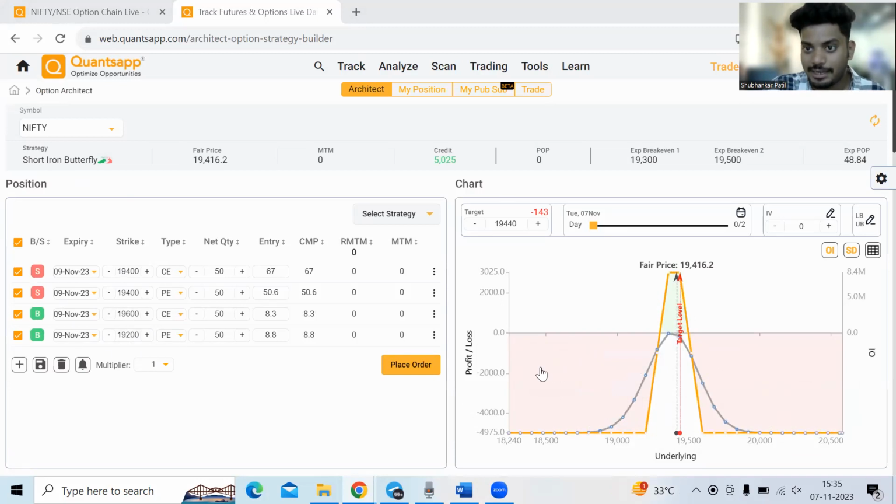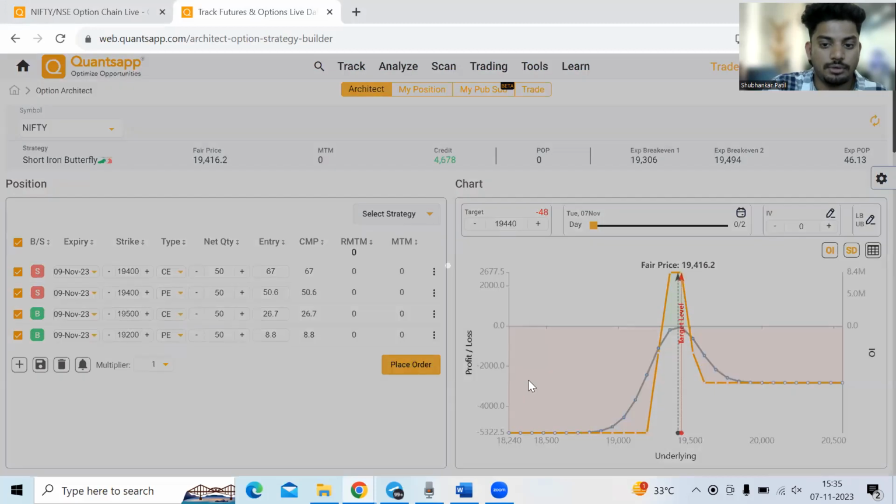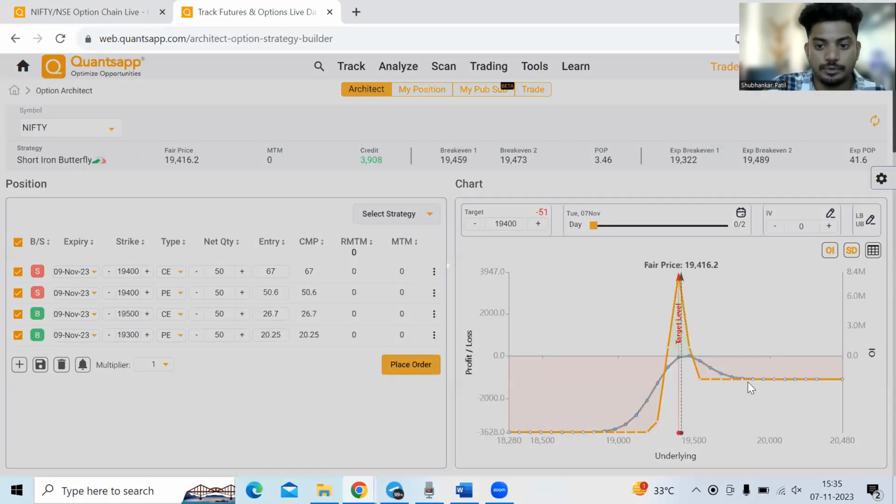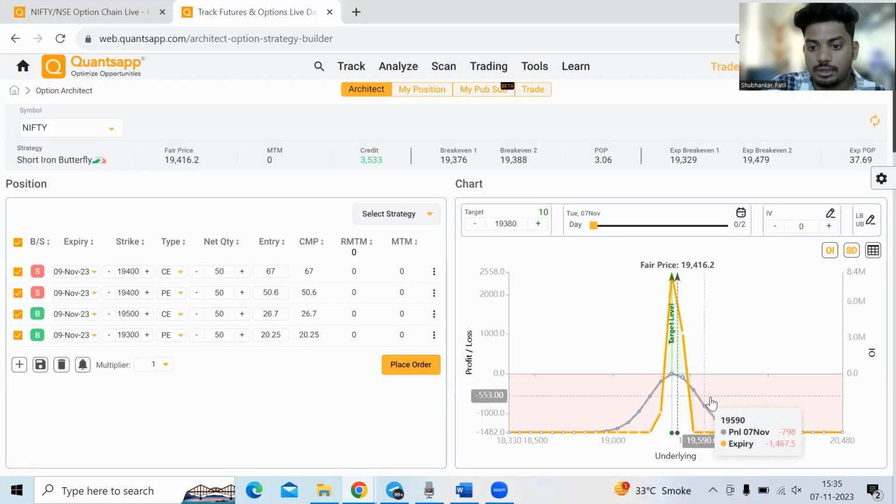Obviously, the bought legs I can adjust, I can bring them closer in order to maintain the reward to risk. So let's try to do it. Let's say I do this 100 points away, and this too I do 100 points away. Now if you see the loss that you are making, it is relatively less, right?